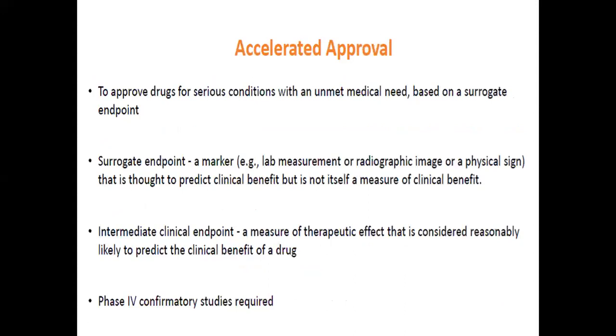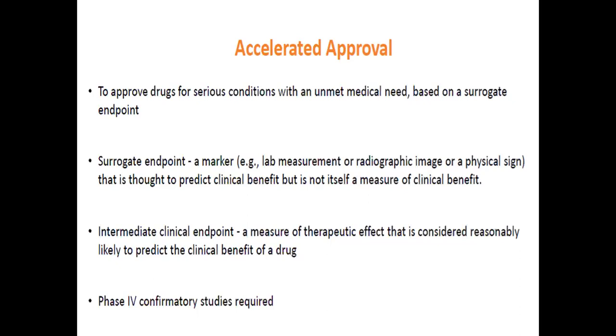Now, accelerated approval. That means approving drugs for serious conditions with an unmet medical need based on a surrogate endpoint. So what is a surrogate endpoint? It is a marker, maybe some lab measurement or some radiographic image, or sometimes a physical sign, that is thought to predict clinical benefit, but it is not itself a measure of clinical benefit.